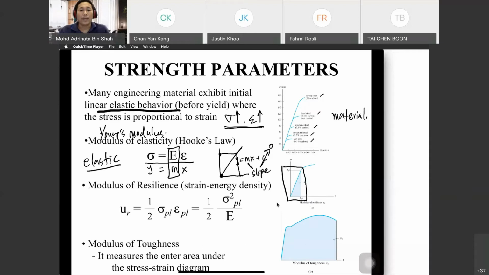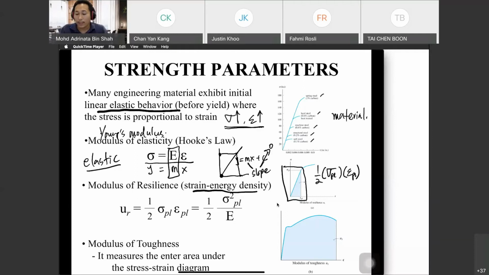And then we have the modulus of resilience. Modulus of resilience is the strain energy density, where we calculate the area under the graph before the plastic region, which is still in the elastic region. So we can calculate it as 1/2 times sigma plastic times strain plastic.